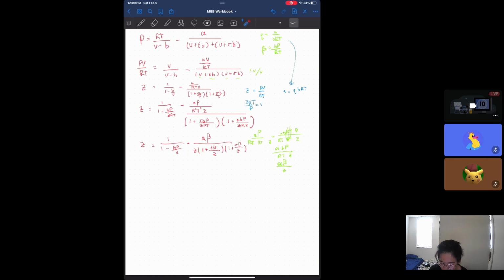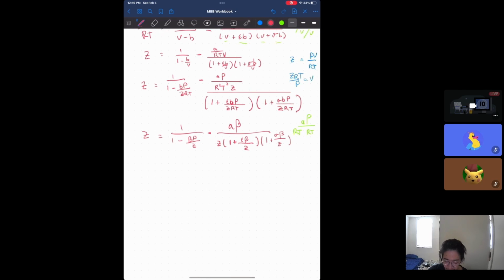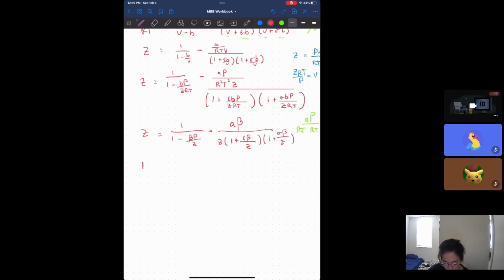And in doing so, we'll be able to deal with each quantity in that denominator. So let's go ahead and do that. Z divided by z is now equal to 1. Well, let's zoom in a bit so I can be more accurate. 1 equals 1 over z minus b p.